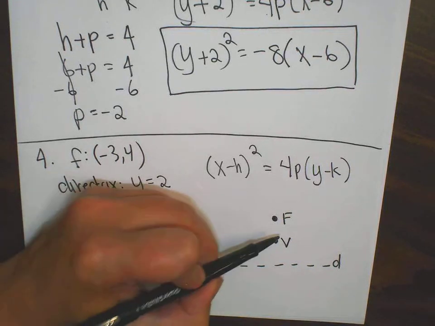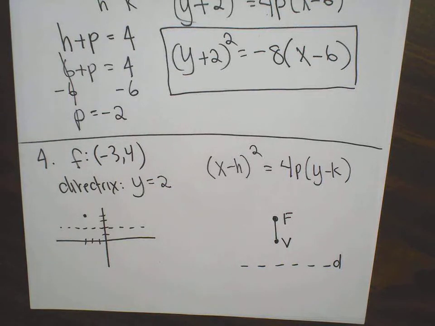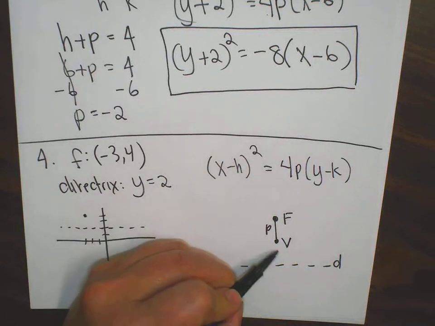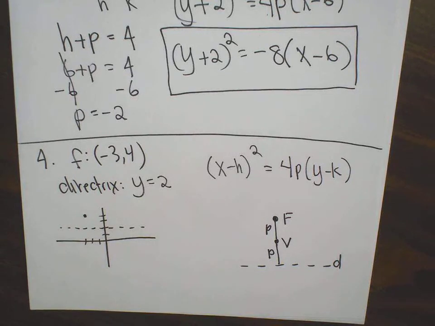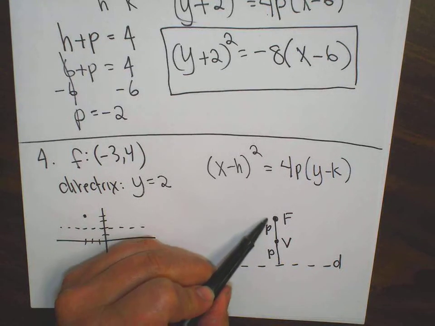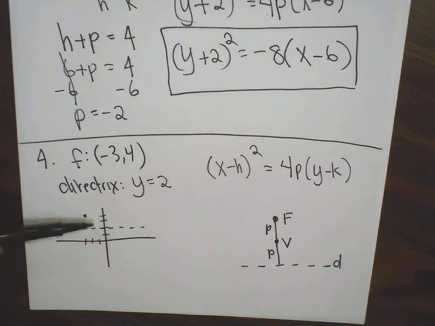We're saying that the distance from focus to vertex is a length of what? Just p. And this from vertex to directrix is a length of p. So the total length between here and here is what? 2p. So how far apart is the directrix from the focus?